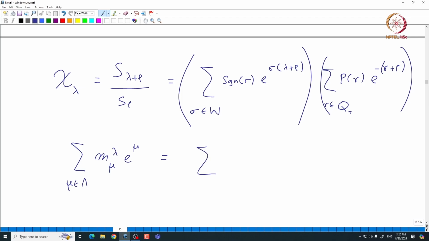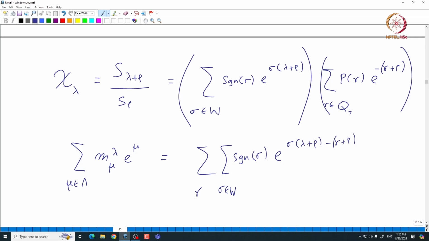So you can just run over gamma and see what happens. This is exactly equal to sine sigma, so let us run over gamma, summation sigma in W, e power sigma of lambda plus rho minus gamma plus rho.